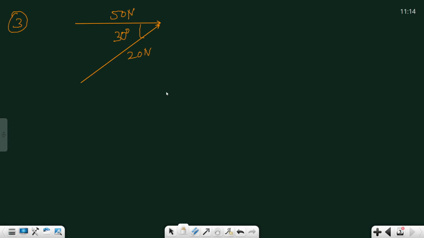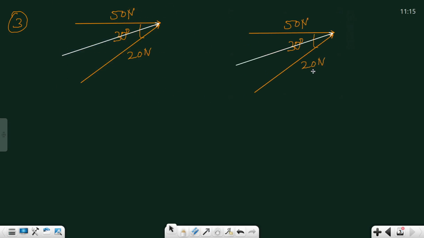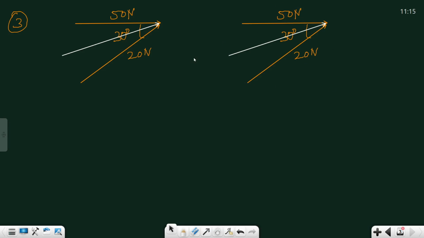For this expression, either you can rearrange the vector or you can simply draw the resultant like this. Either you can just simply draw the resultant like this, or you can rearrange all these three vectors like this. This is 20.